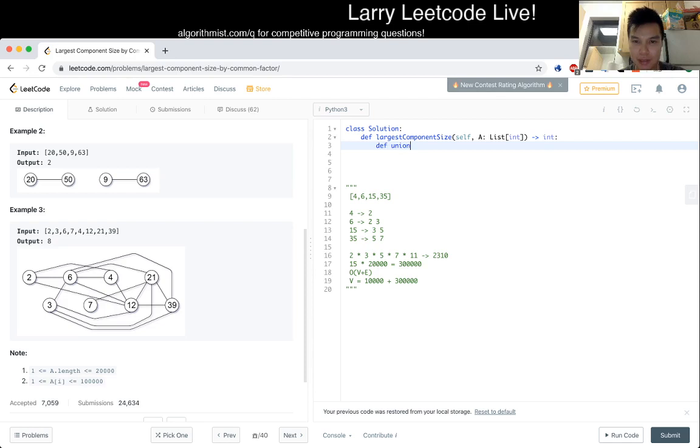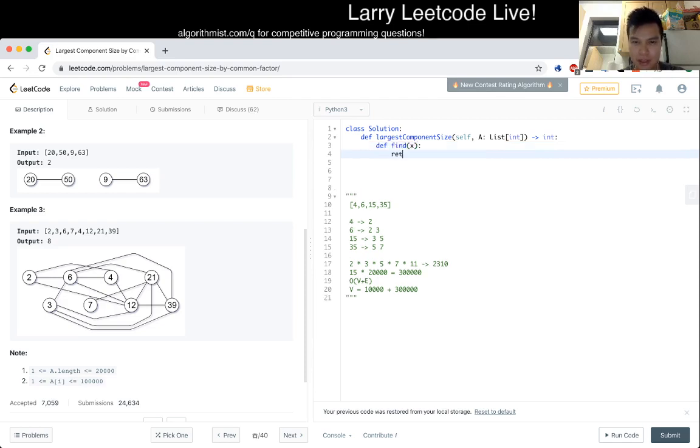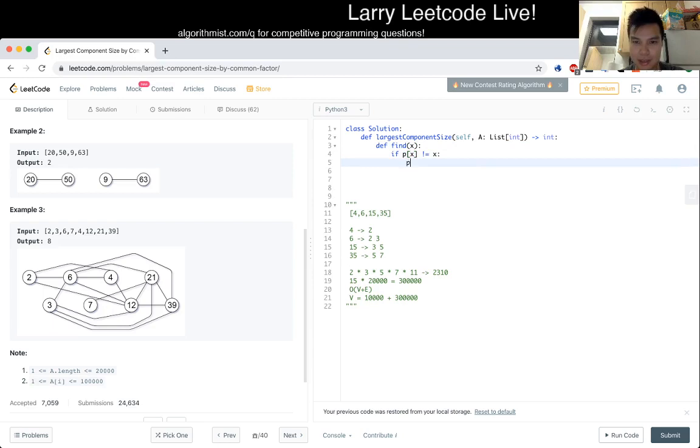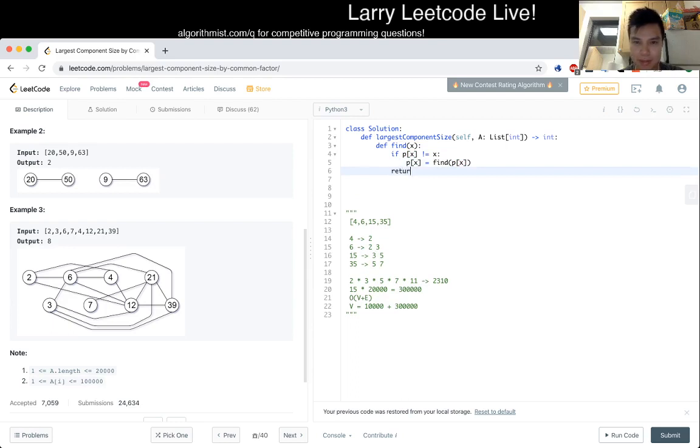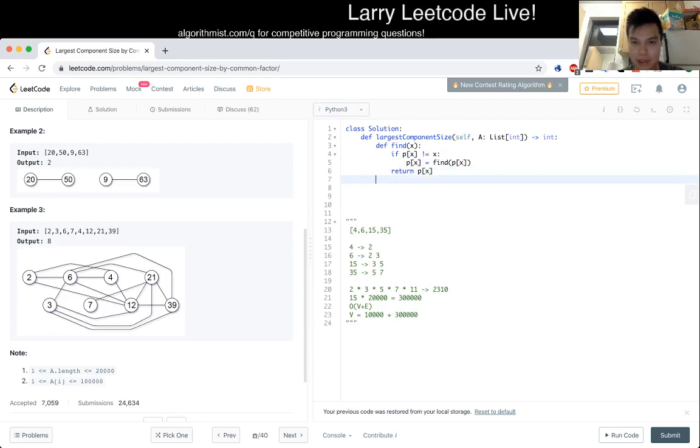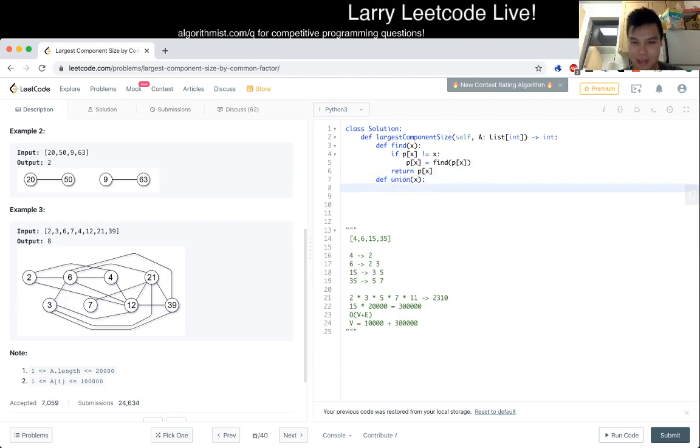Let's just do a find of x: if p of x is not equal to x, then p of x is equal to find of p of x, and return p of x. Okay, and then union is just a naive union.